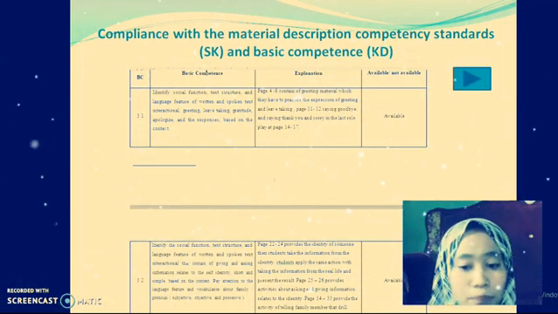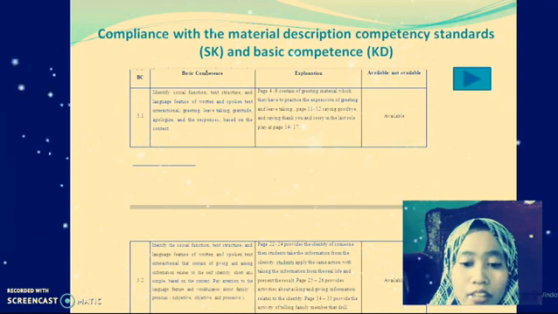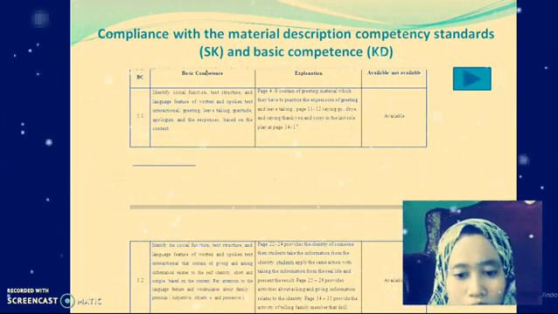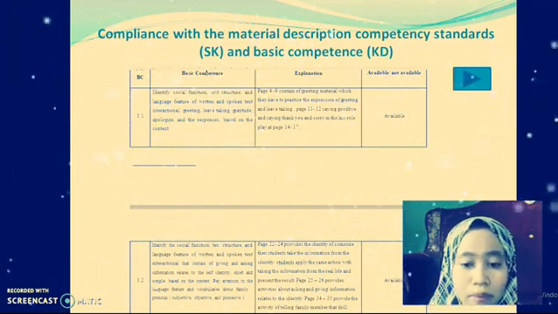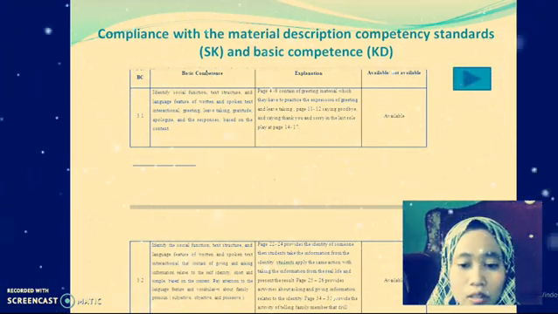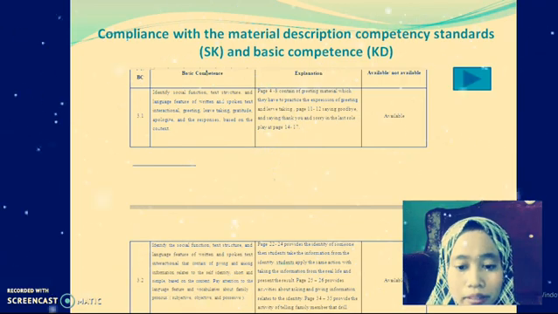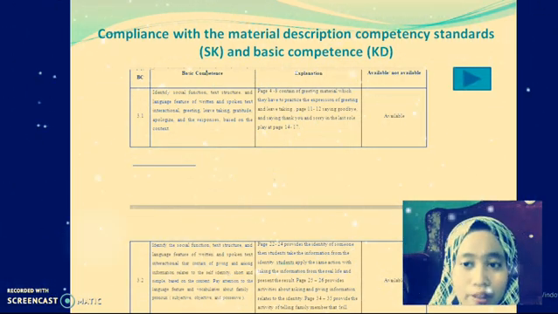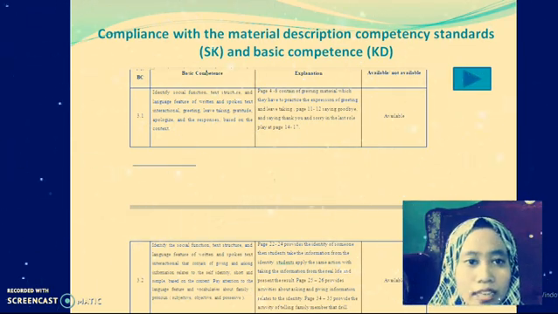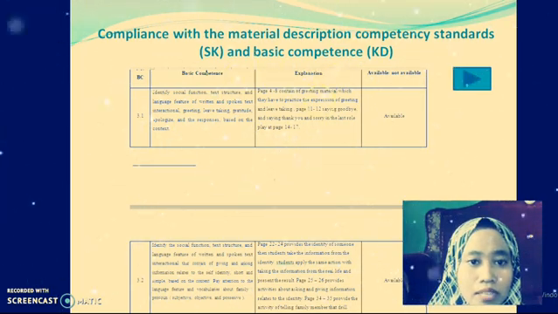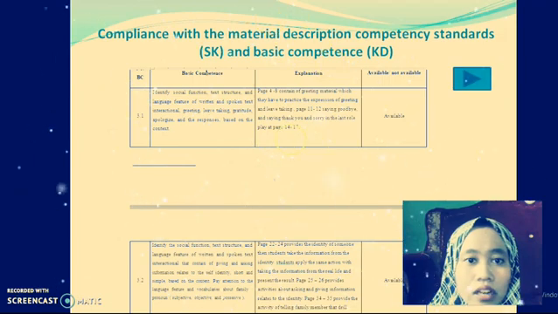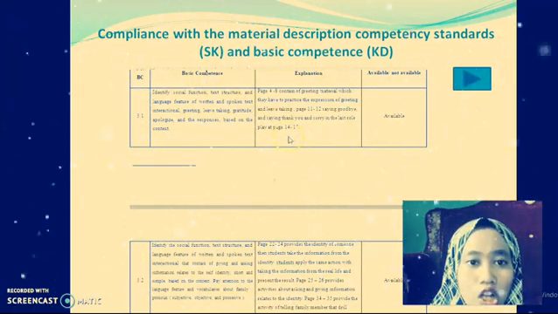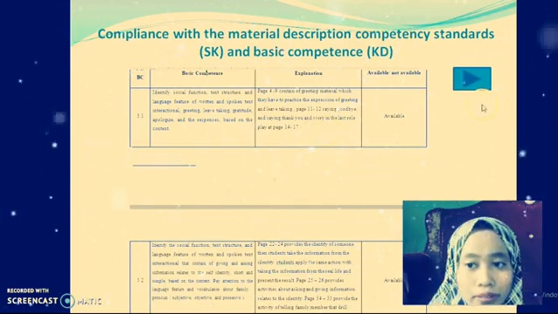And also at pages 34 until 35, the textbook provides the activity of telling family members and also being drilled with their friends. This is the basic competence of the first criteria of content appropriateness.